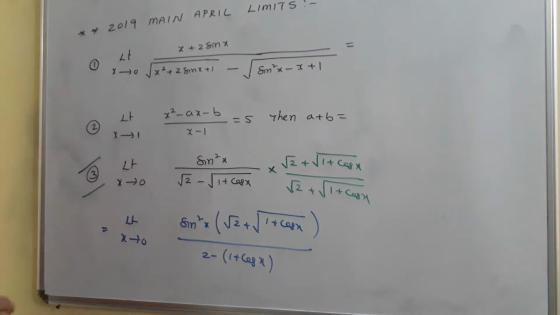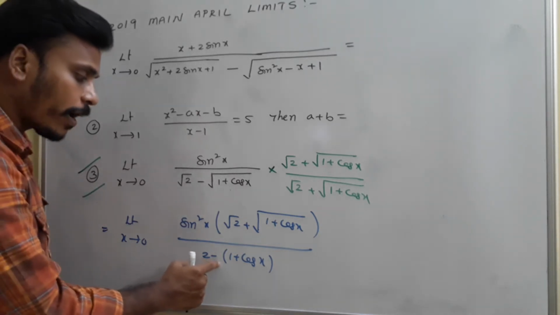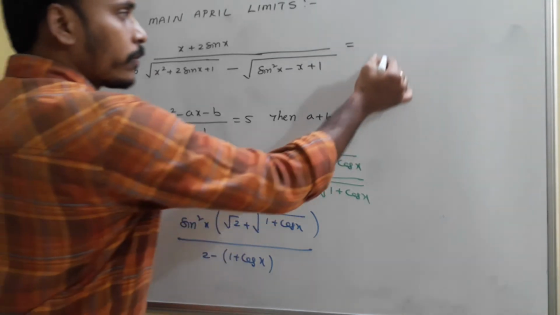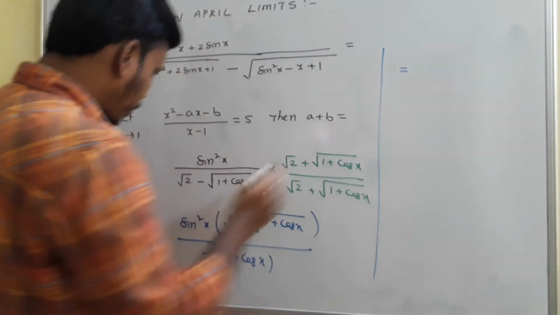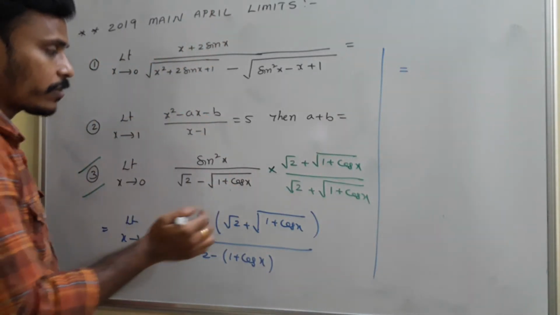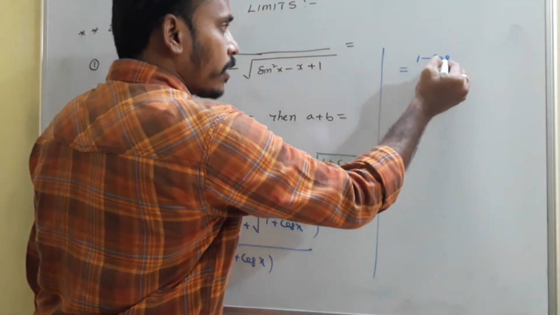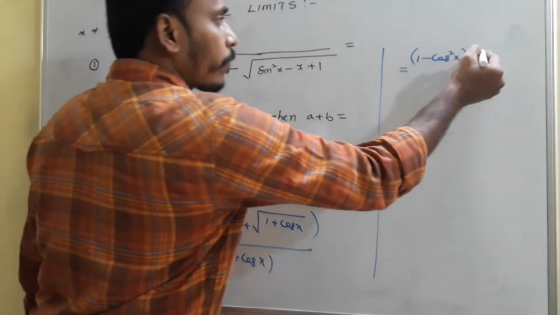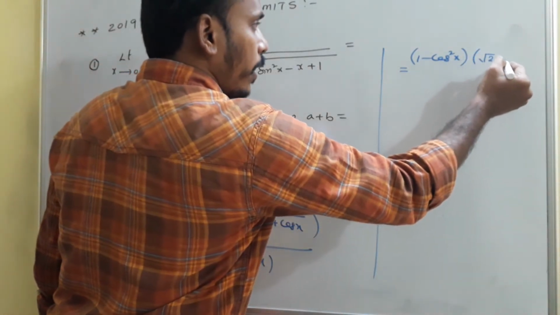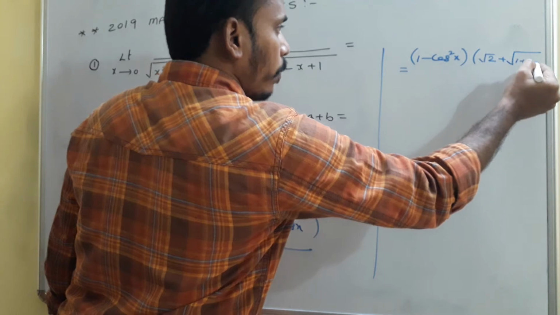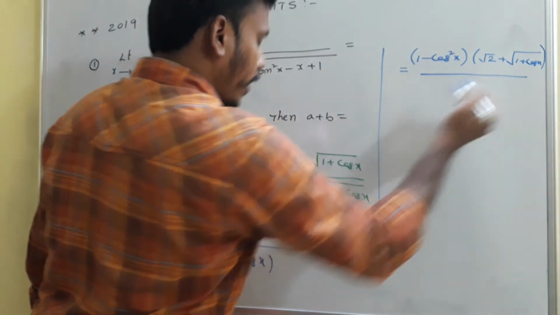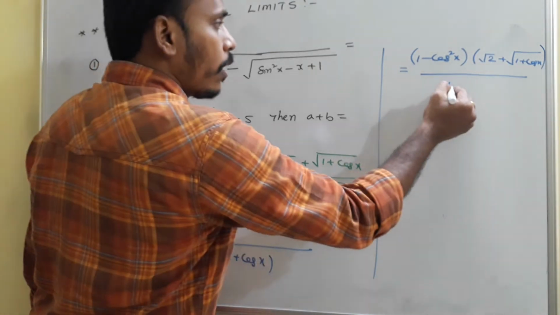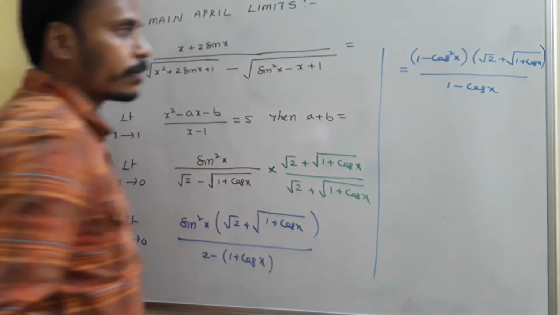Is it right? So you just have a look. Root 2 minus root of 1 plus cos x, and this is sin²x. The next step, what do I do? See, as x is tending to 0, keep in mind, this sin²x is simply 1 minus cos²x, and this bracket is root 2 plus root of 1 plus cos x, divided by 2 minus (1 plus cos x), which is nothing but 2 minus 1 is 1, 1 minus cos x.